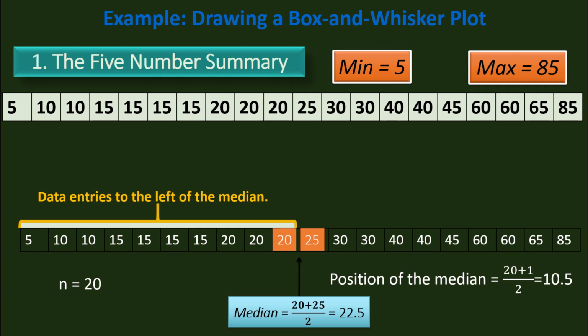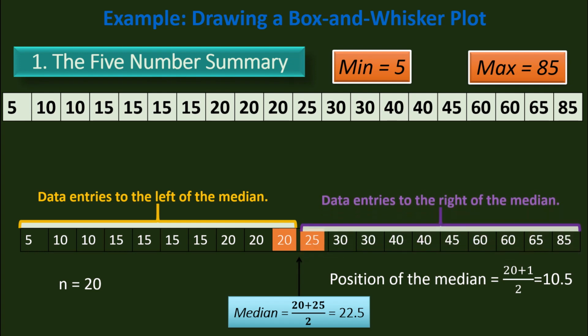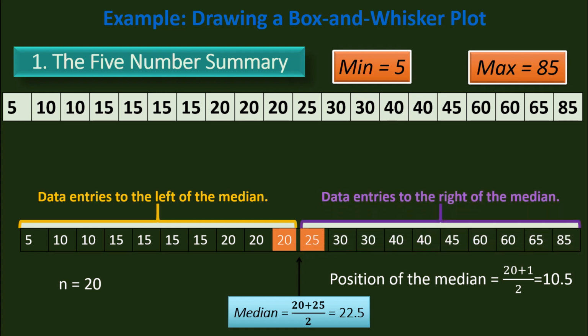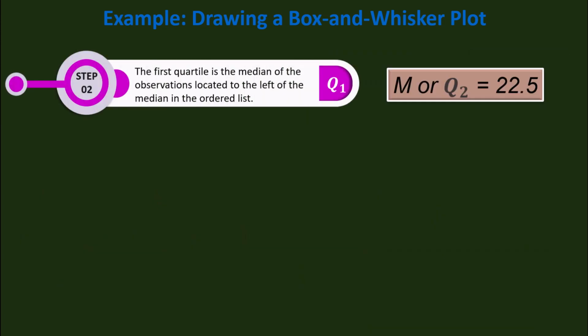Similarly, to find the Q3, we should consider the observations right of the median. 22.5 is not in the data set. However, all the data left of the median and right of the median should be considered to find the Q1 and Q3 respectively.